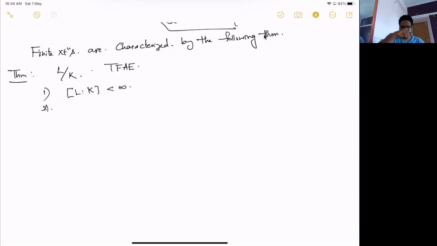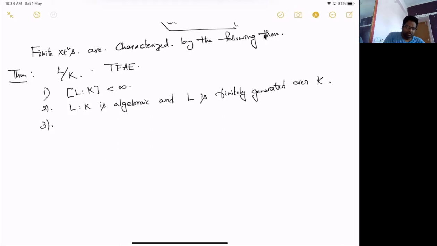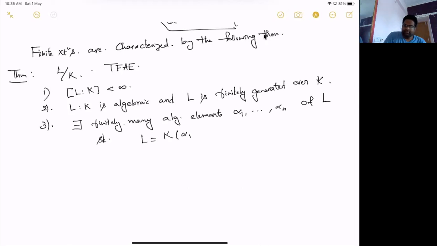Two, L over K is algebraic and L is finitely generated over K. Three, there exist finitely many algebraic elements alpha 1 up to alpha n of L such that L is equal to K of alpha 1 up to alpha n.